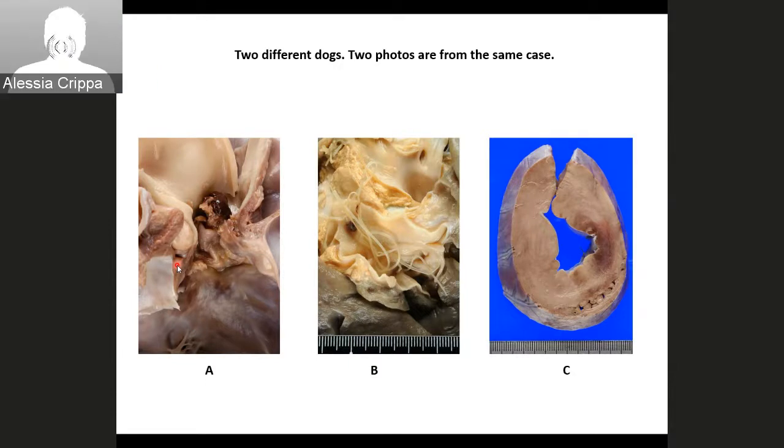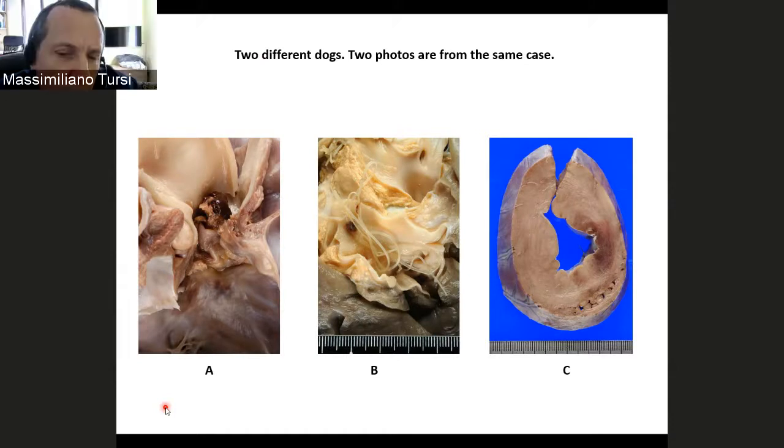Yes, Alessia. As Jonathan has some problem, he wrote a question. For B, would you say endarteritis because of the irregular aspect of the endothelium? Good question. If I look at the histology, maybe there is inflammation. It could be, but I need the histology.